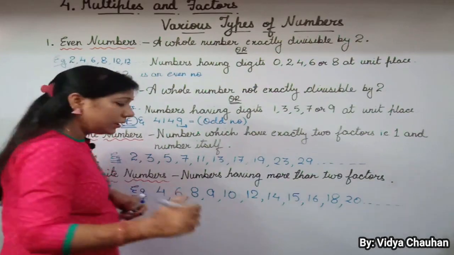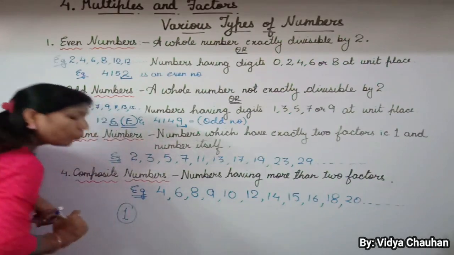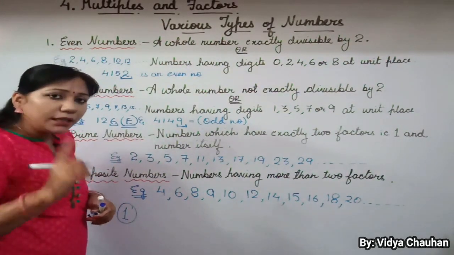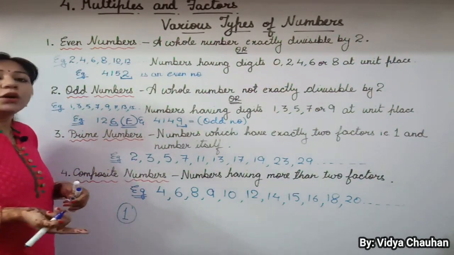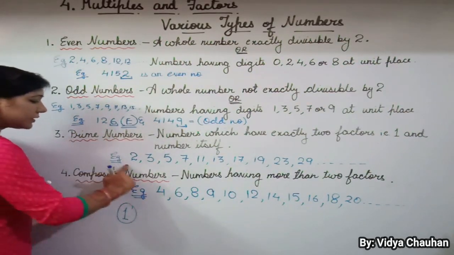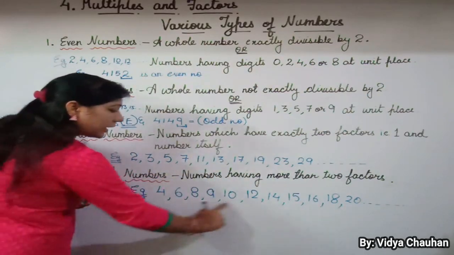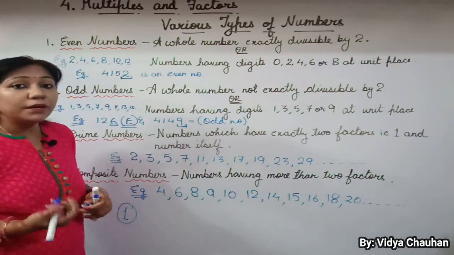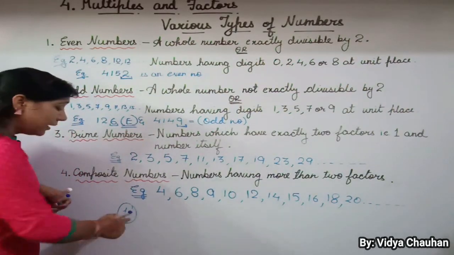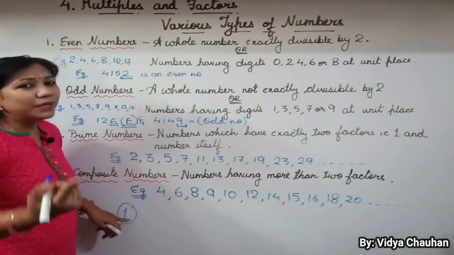Number 1 is neither a prime number nor a composite number. It does not meet the criteria of prime numbers, and it also does not meet the criteria of composite numbers. Why? The reason is 1 has only one factor, and that is the number itself.